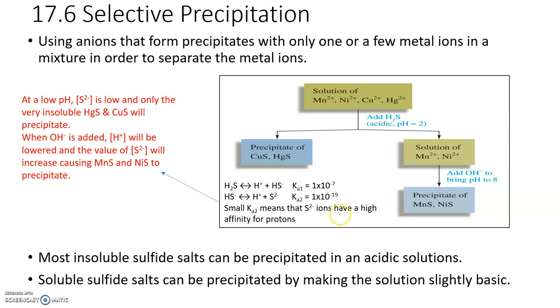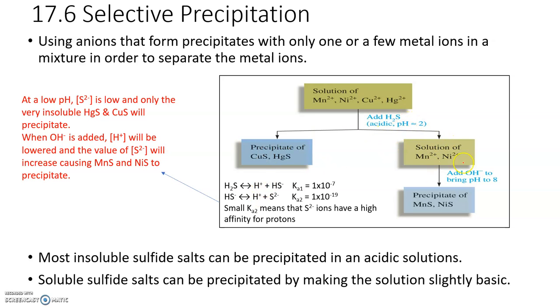And you can see that based on your Ka values, which we haven't talked about. We'll talk about them next unit, but they're the same as all the other equilibrium constants that we've talked about so far. They're just looking at acids rather than precipitates or just any substance. So you're looking at an acidic solution. So the first step is to add an acidic solution. For example, if you add H2S.